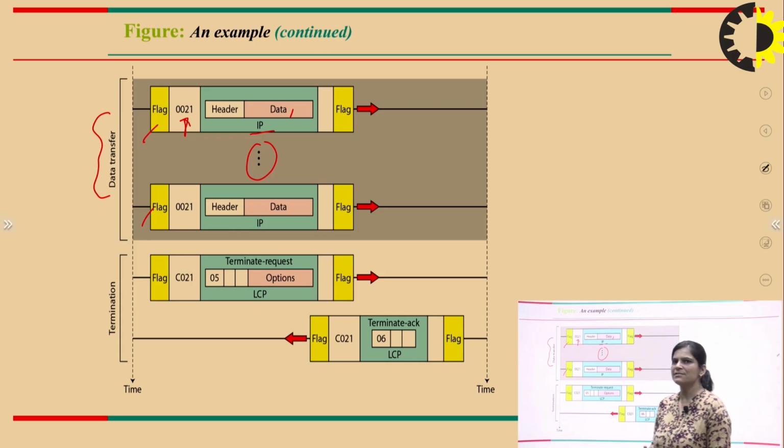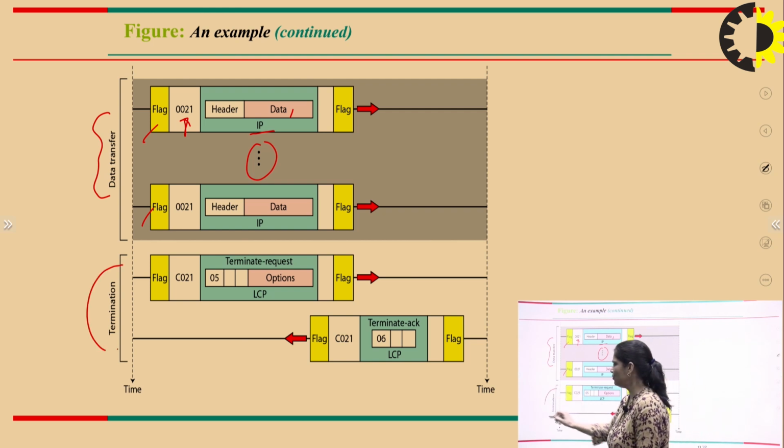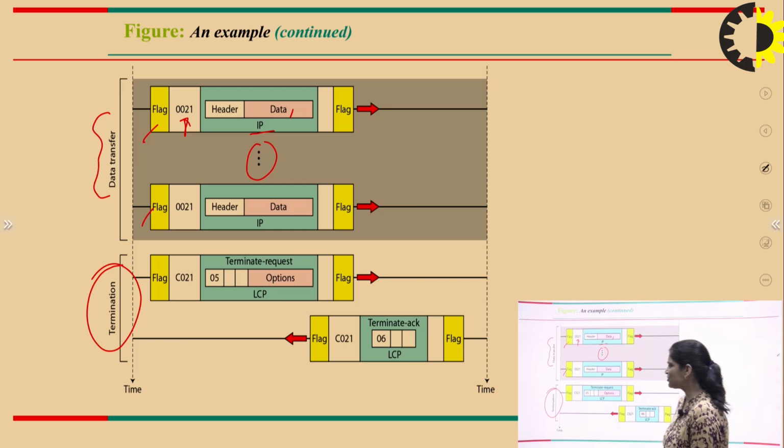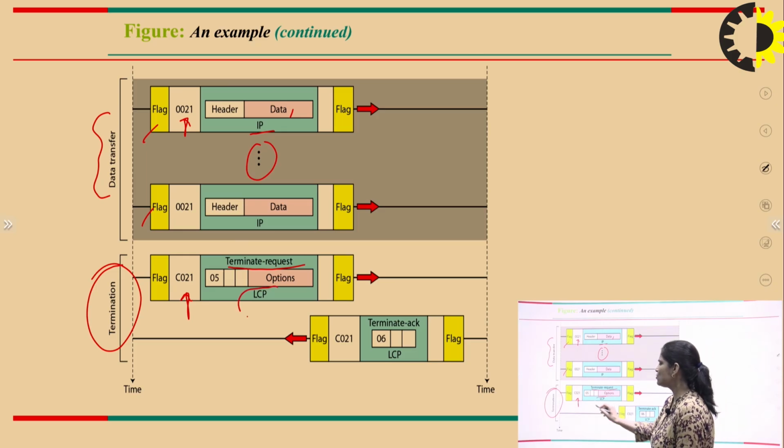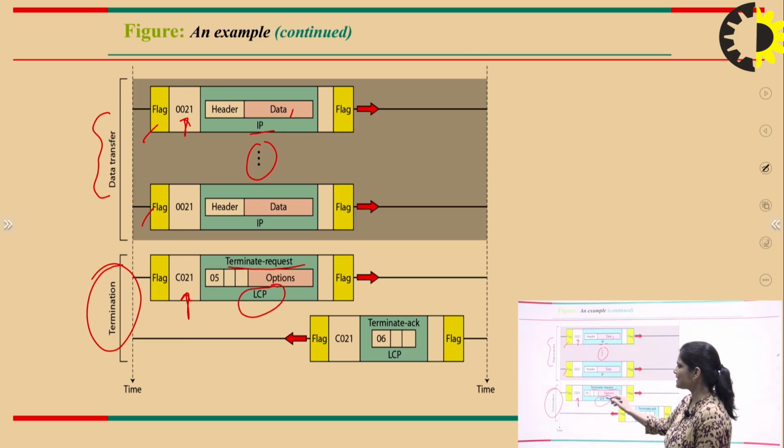Now after sending data from sender to receiver, we have to disconnect the connection. It means you have to terminate the connection. The sender will send the terminate request to the receiver, and here the code is C021, and this is used for the LCP protocol, because the LCP protocol is used to terminate the connection.